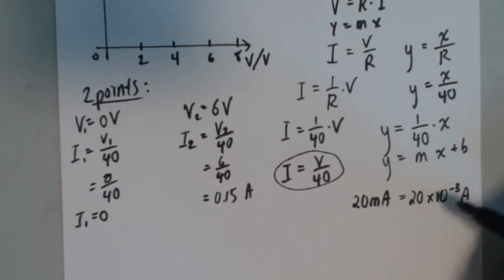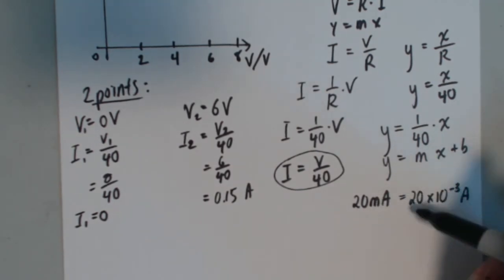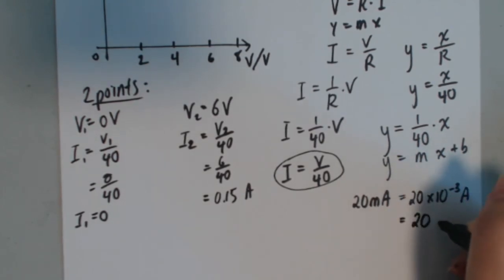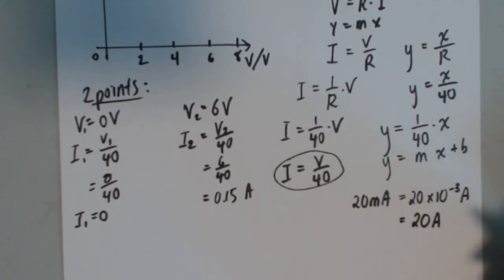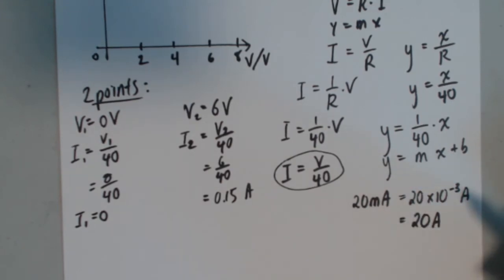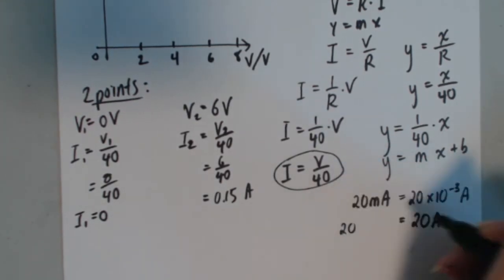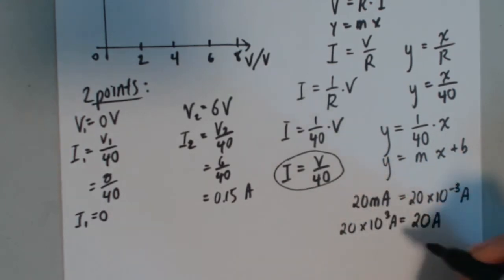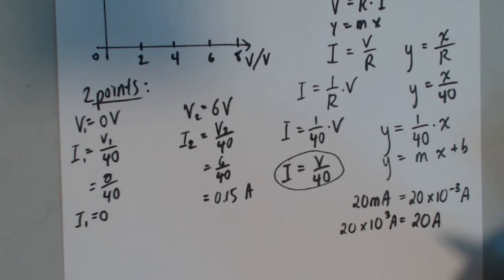To go from a small unit to a big unit, my number has to get smaller. But if I have 20 amps, how many milliamps would that be? Well, I'm going to a smaller unit, so the number has to get bigger. That would become 20 times 10 to the 3, or 20,000 milliamps.